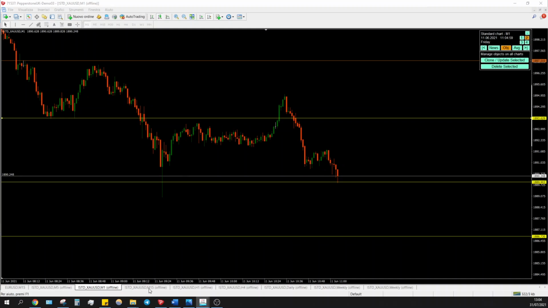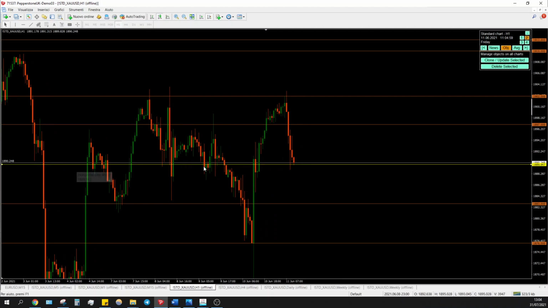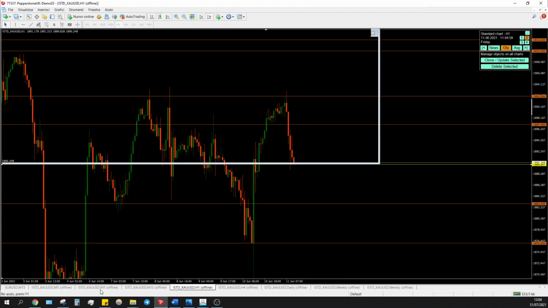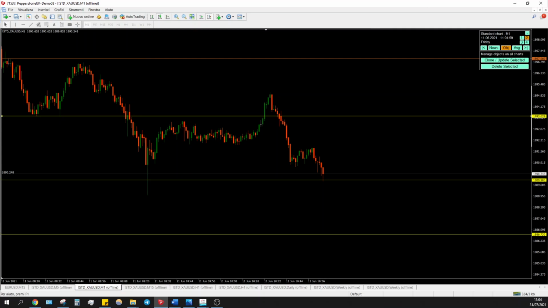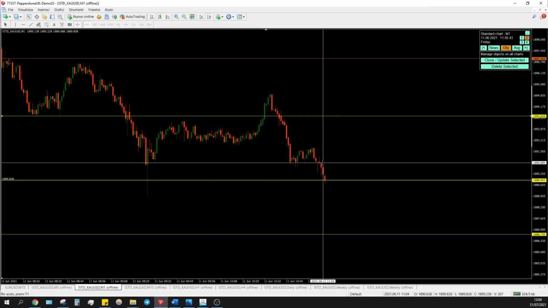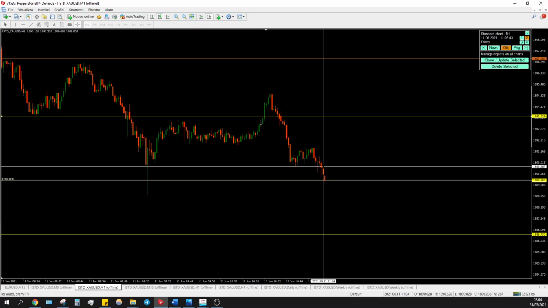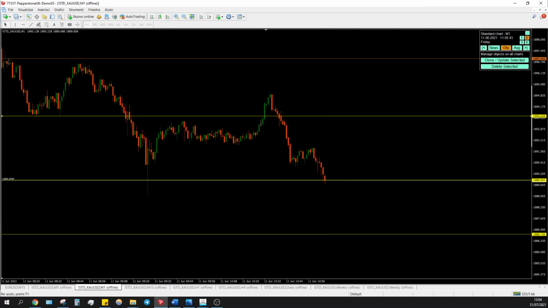Okay, now we are touching this other price sensitivity area, which I think was relevant for another period of time. Let's see if it creates something. In hindsight, we could have considered continuation of the trend when we close below here. 12 pips. Let's see.